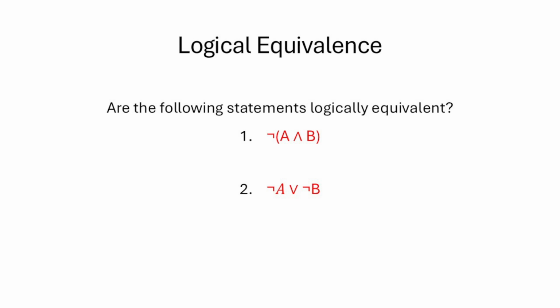So the first statement is not (A and B). The A and B, the whole thing is negated. And the second statement is not A or not B. Are these statements logically equivalent?